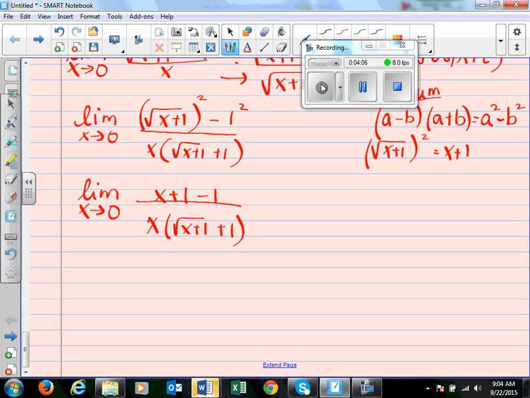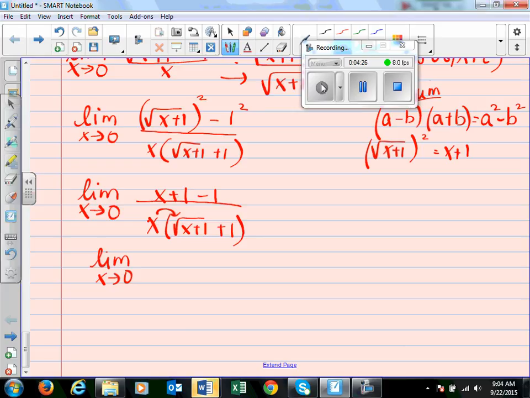You'll be tempted to distribute. You don't have to do all that. So keep the denominator the same way. Now limit x approaching 0. Look at the numerator: x plus 1 minus 1, so the 1s cancel out.